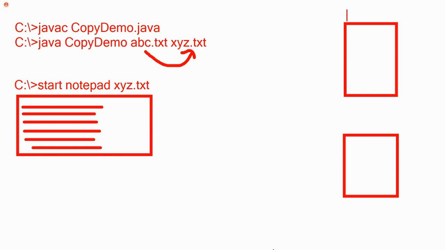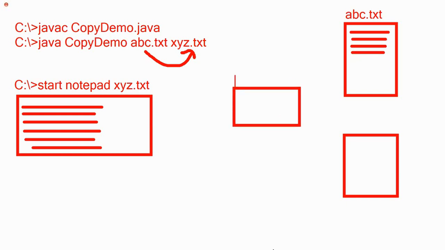Suppose abc.txt contains some content, and now here is RAM. You have to open a file for reading, retrieve the file size, allocate exact memory, and read.